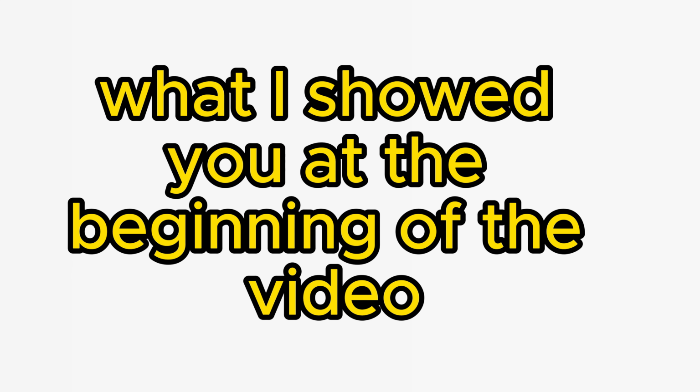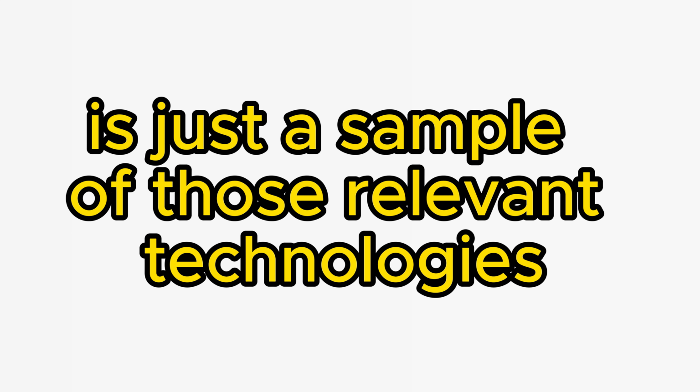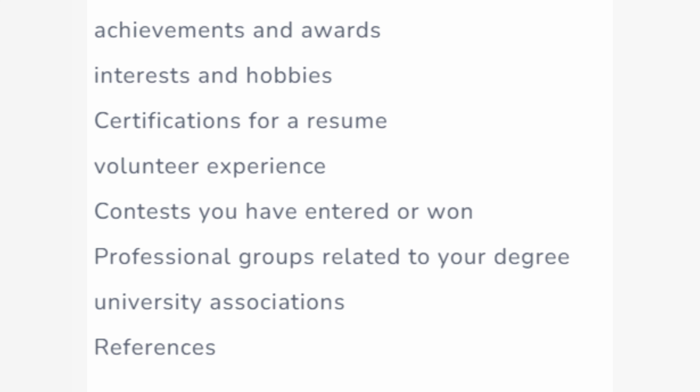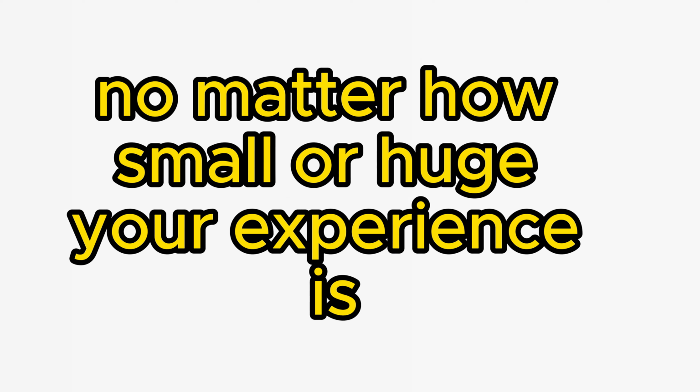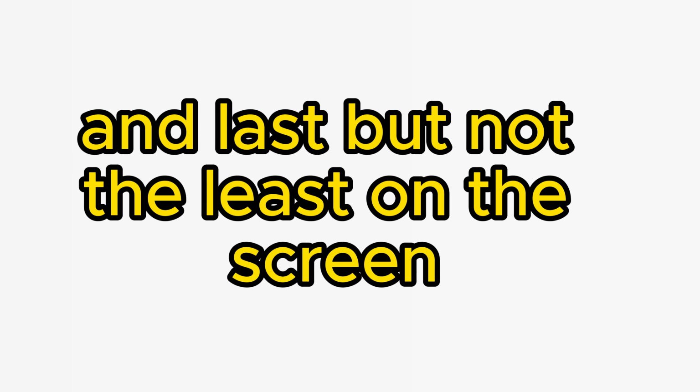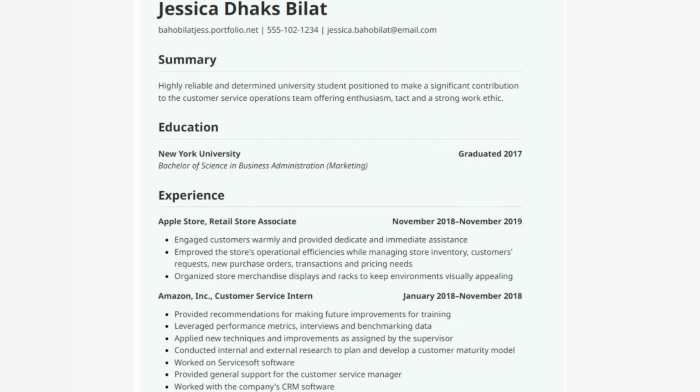That's why I said what I showed you at the beginning of the video is just a sample of those relevant terminologies and how you can put everything sweet and short, right? And all those averages and numbers are very important for them to be on a resume, no matter how small or huge your experience is. And last but not the least, on the screen, you also see another template that you can use for a very basic, short and sweet resume.